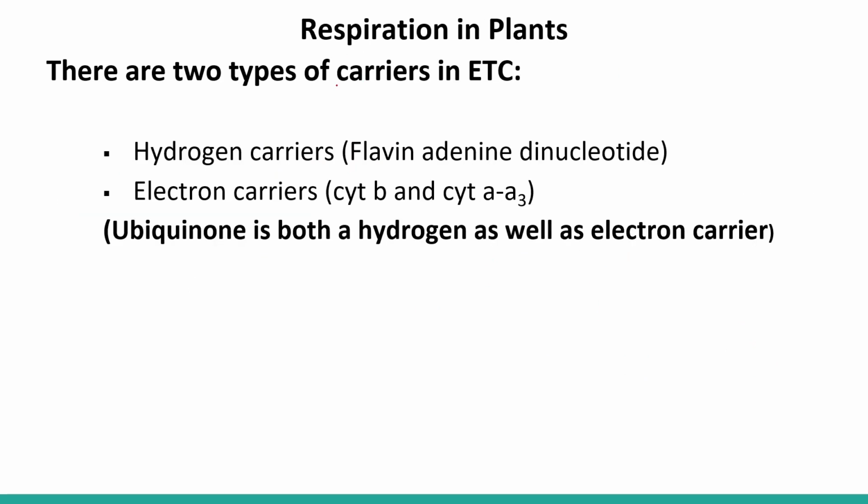Now there are two types of carriers in the electron transport chain, which consists of protein complexes and electron carriers. First are hydrogen carriers. An example is flavin adenine dinucleotide, FAD, which is a coenzyme.